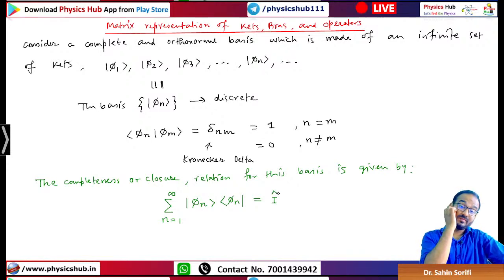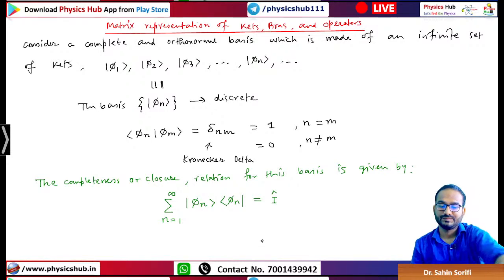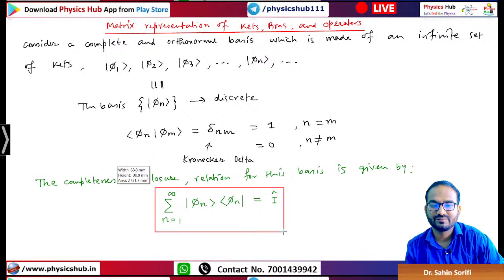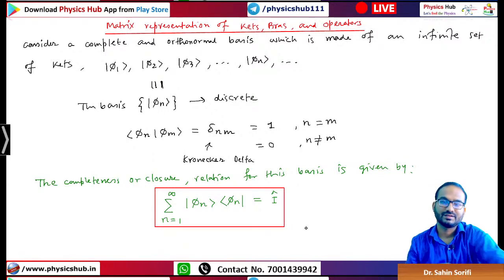This is known as completeness or closure. This is very important. Sum over n equals 1 to infinity, ket phi n, bra phi n equals the identity operator.